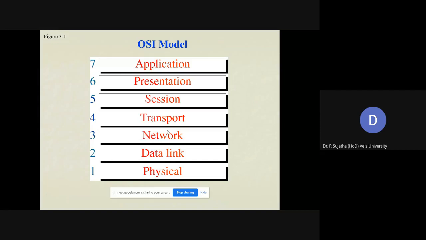Similarly, for the network layer, who are the peers? Data link and transport. So except the physical layer and the application layer, all the layers have two peers. Understood or not? For the presentation layer, who are the peer layers?